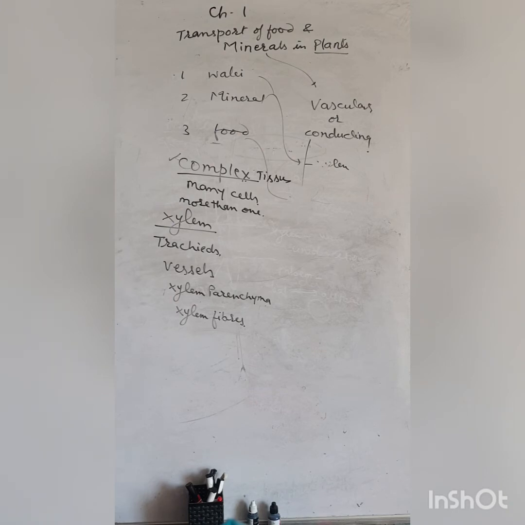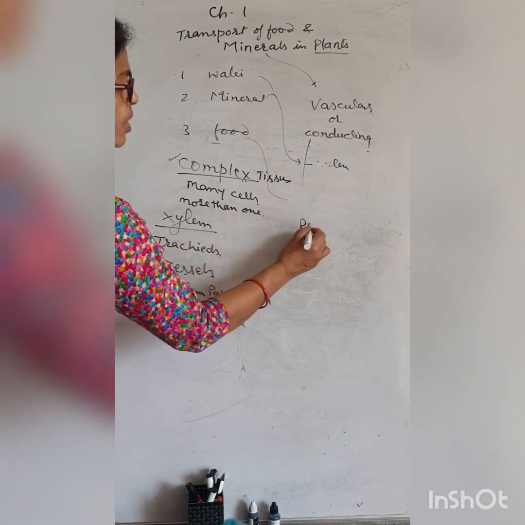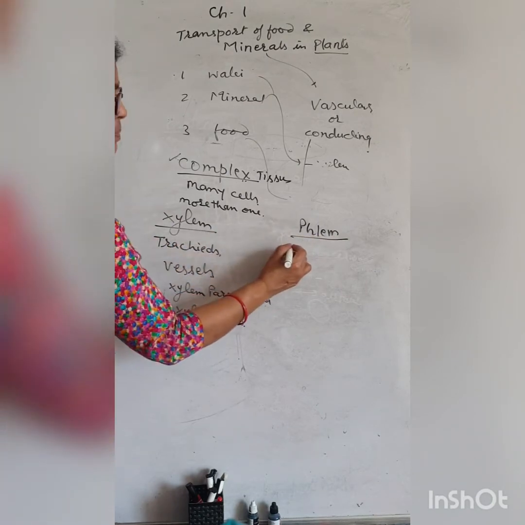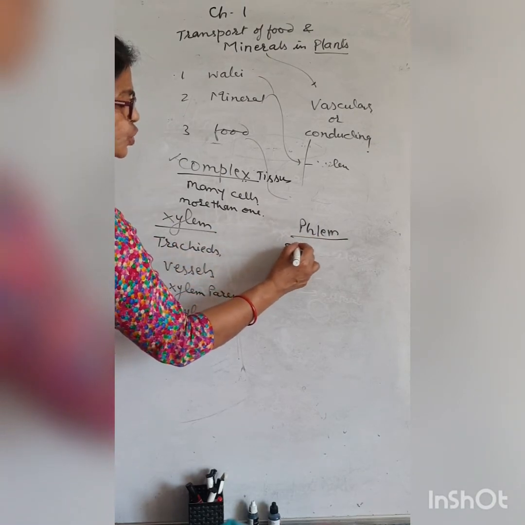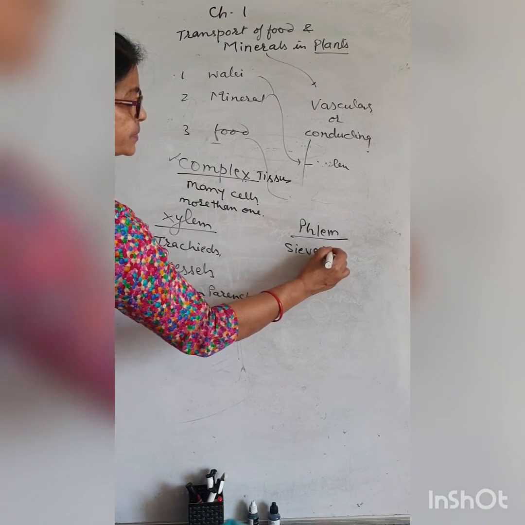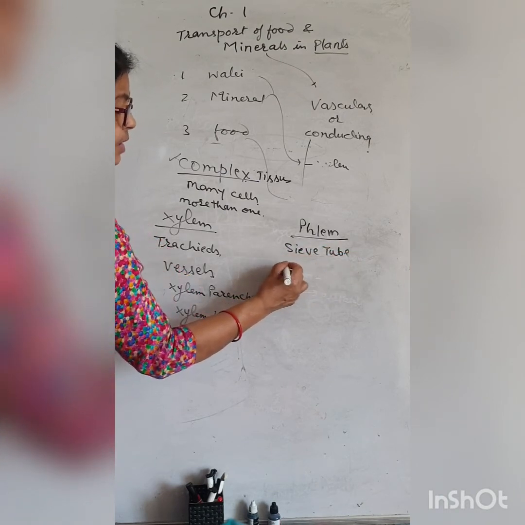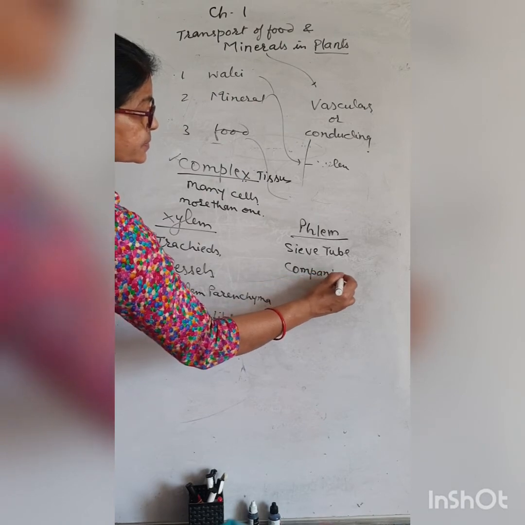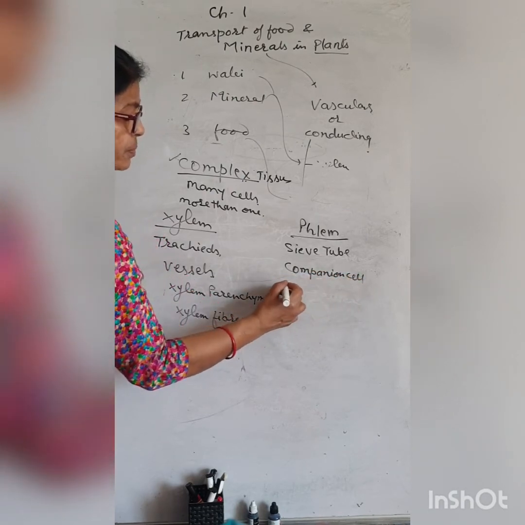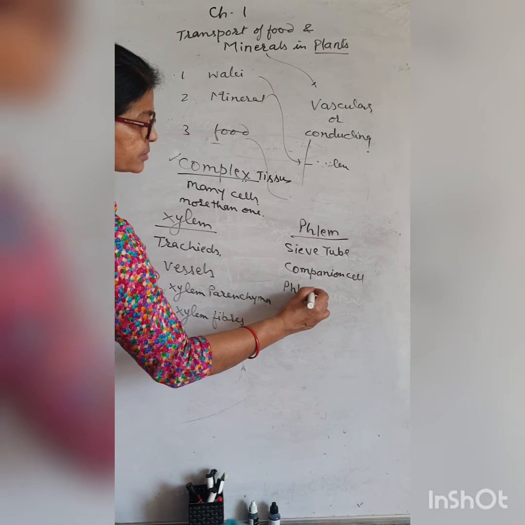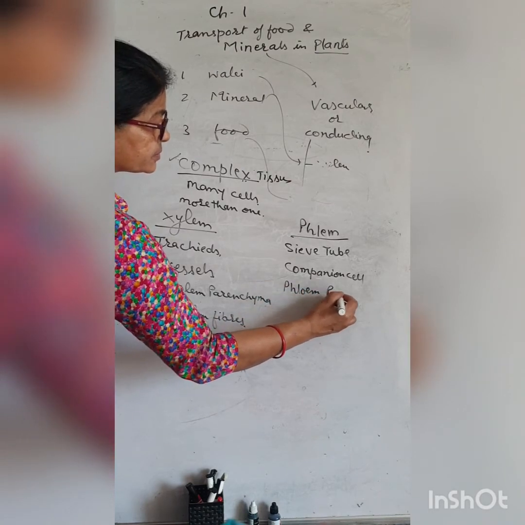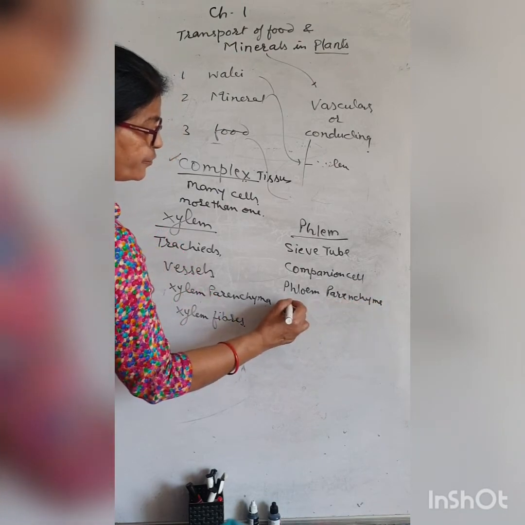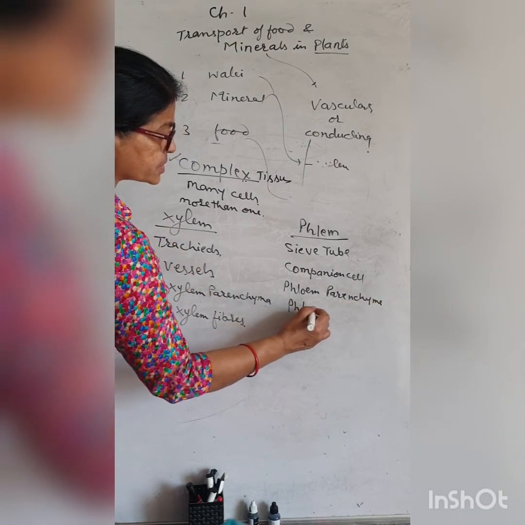The phloem is also made up of different types of cells, for example, sieve tubes, companion cells, phloem parenchyma, and phloem fibers.